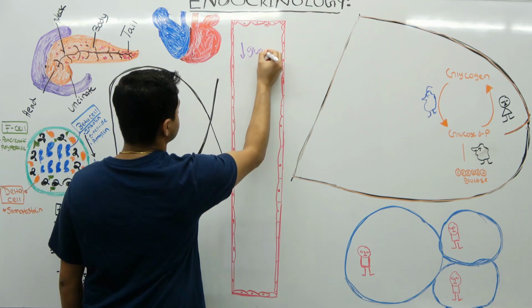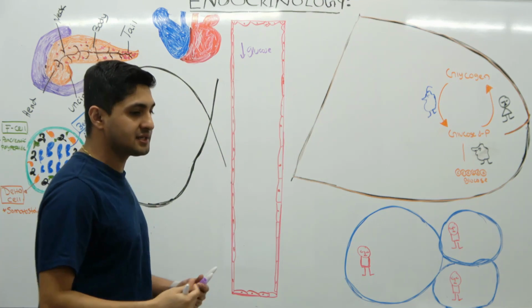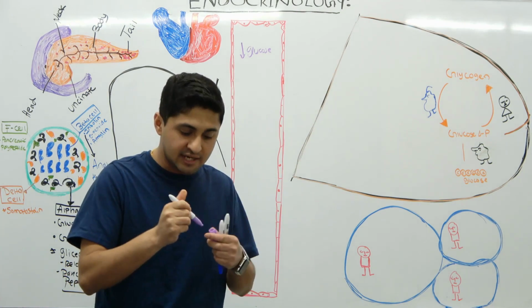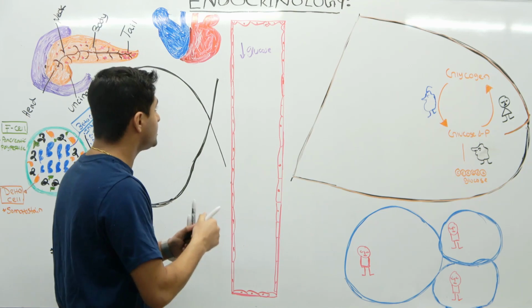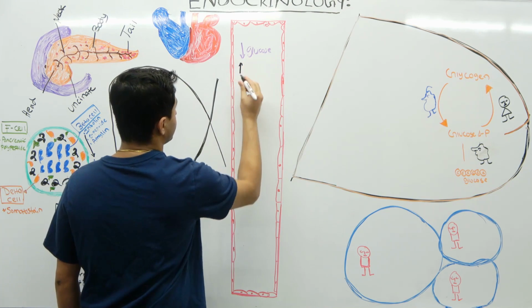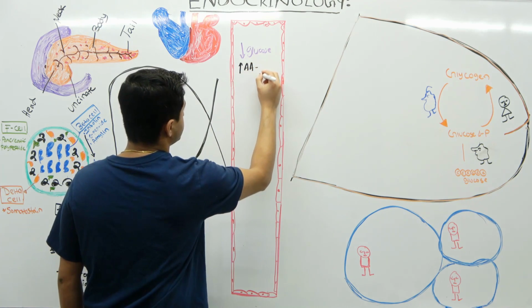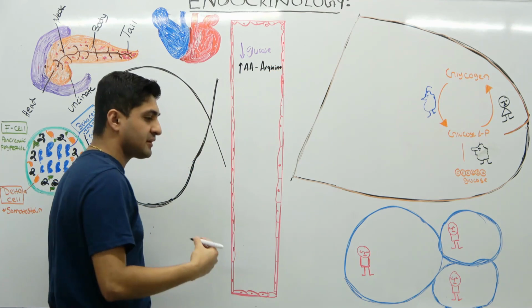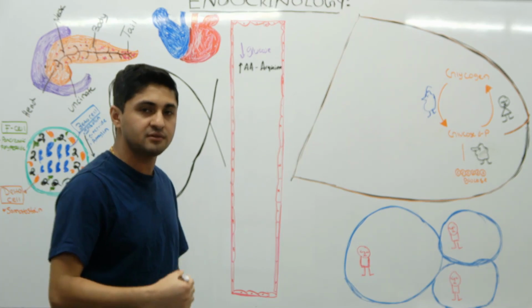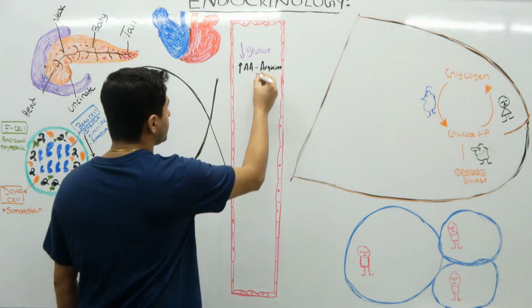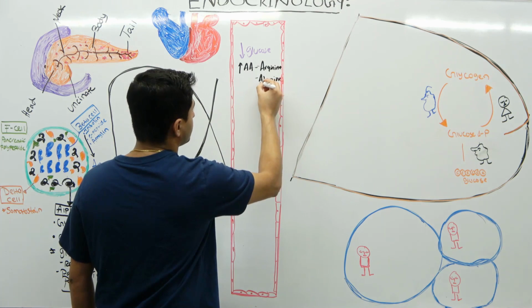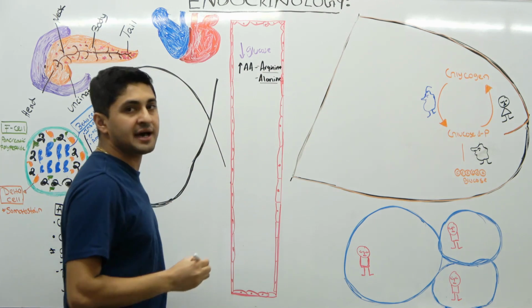Or whenever you take a high amount of amino acids, especially arginine, so increased levels of amino acids. And remember, if you remember from biochemistry, arginine is a positively charged amino acid. And also alanine, which is a non-polar amino acid.